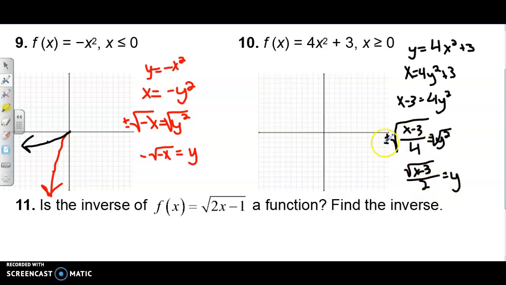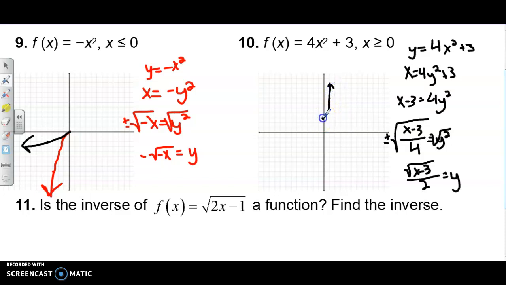Now that's going to be a tough one to graph, but if I graph the original, I know that it's going to be at 0, 3. And then go right 1, up 4. Not going to the left, of course. That's all I could fit on this graph here.